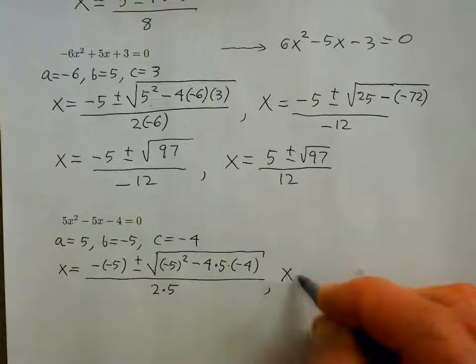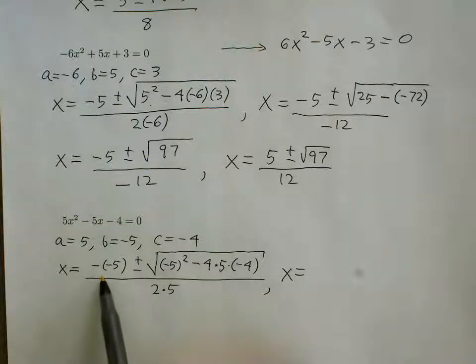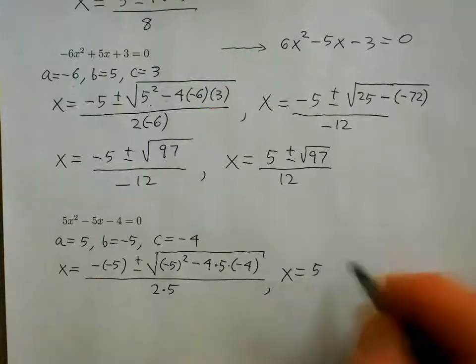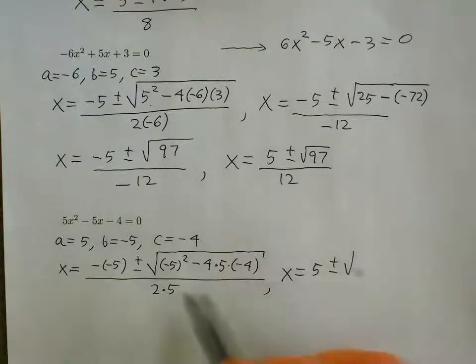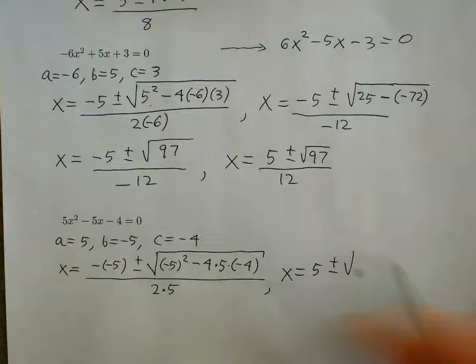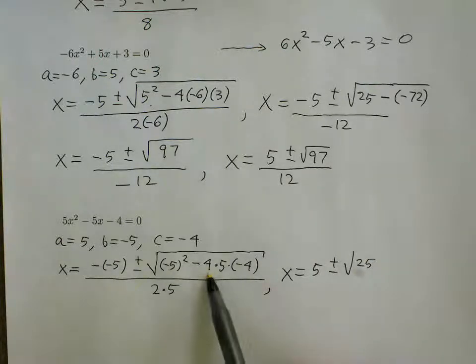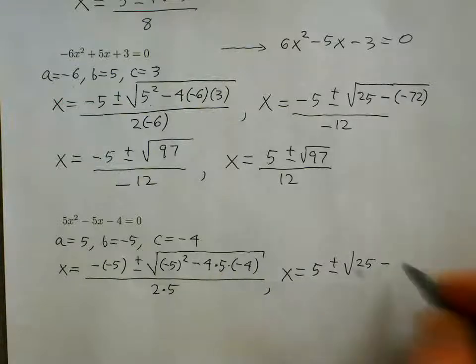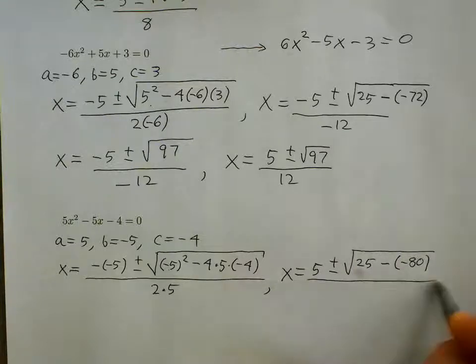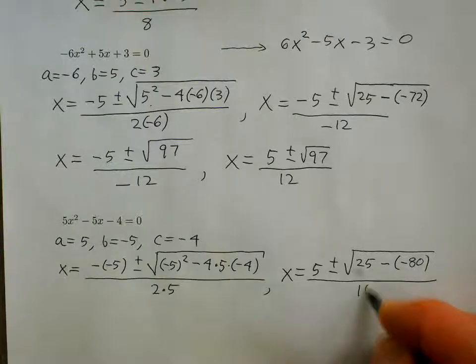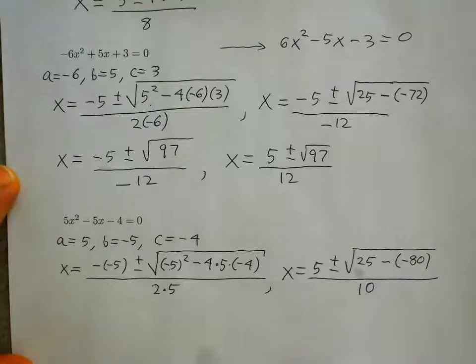Okay, then we do the arithmetic. The negative of negative 5 is 5, plus and minus the square root of the number negative 5 squared is 25, and we're subtracting 4 times 5 times negative 4. So we're subtracting negative 80 and dividing everything by 10. So a little bit more.